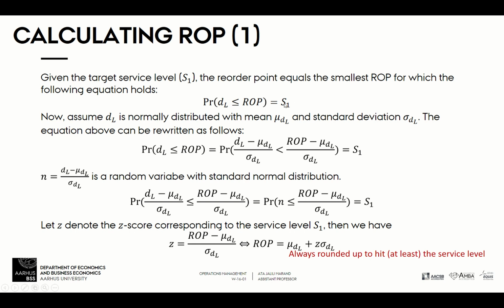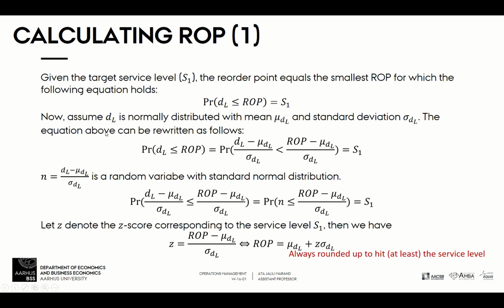In order to be able to solve this equation, we will consider the equality portion of this inequality. So we want to find the smallest ROP that holds in this equation. So we have a distribution of demand during lead time, we have a desired service level, and we want to calculate ROP.